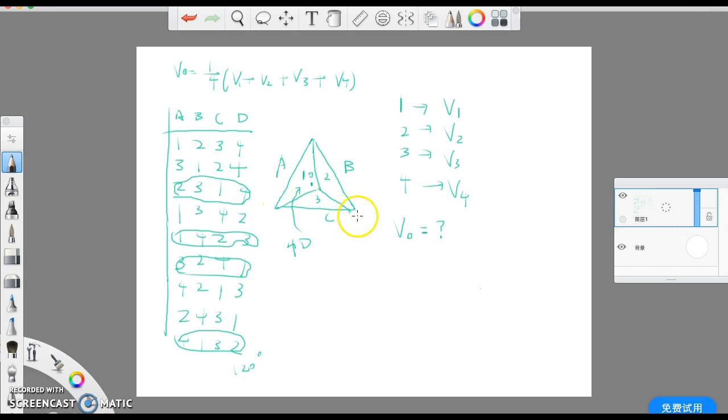And also because of the principle of superposition, we can add these 4 tetrahedra up to get a new big tetrahedron, such that on all 4 faces we have potential V face, which is equal to V1 plus V2 plus V3 plus V4.